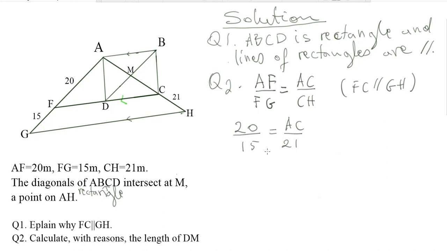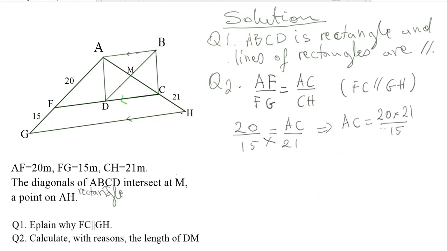After cross multiplying, AC will be 20 multiplied by 21 divided by 15.